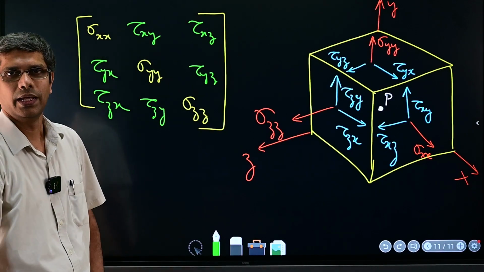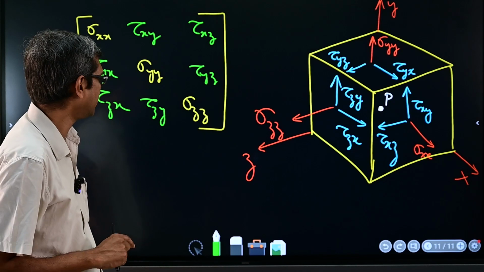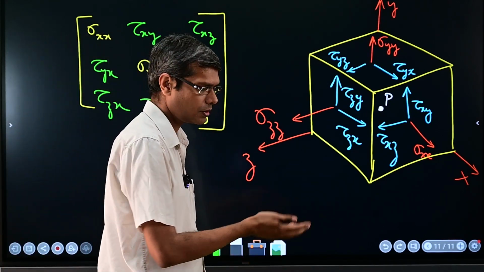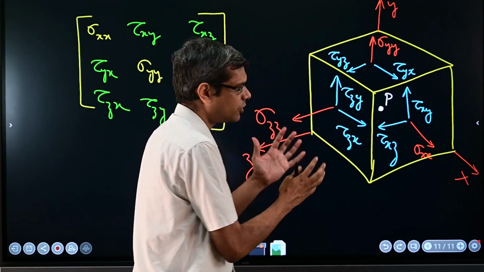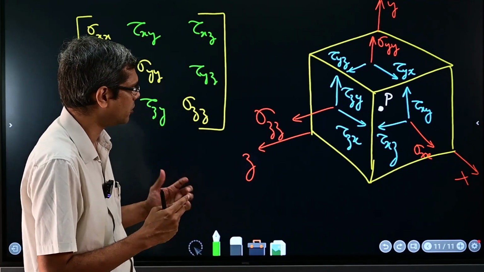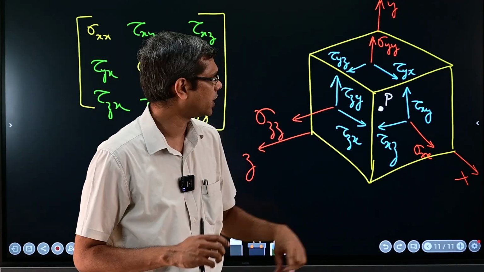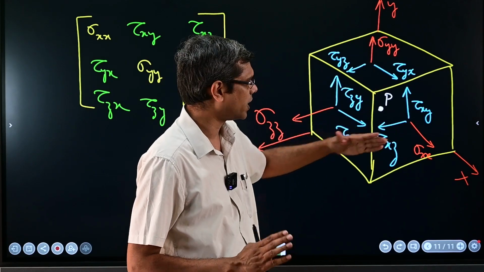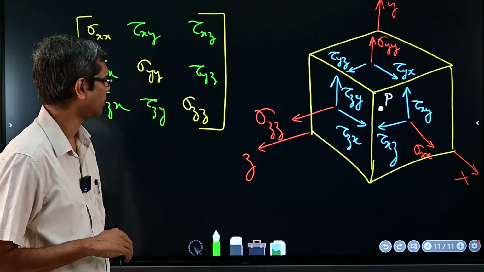Now, as we had discussed in the last section of the previous unit, you should now be able to visualize what stresses are causing what strain. So this tau yx and tau xy are actually causing this gamma xy.